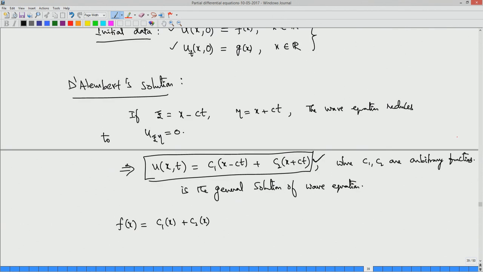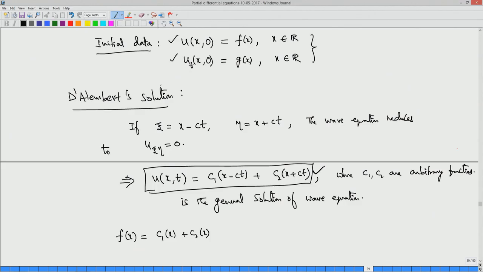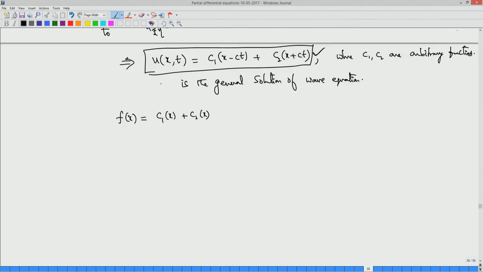What happens to u_t at t equal to 0? So, what is this u_t at t equal to 0? That is dou u by dou t at t equal to 0, okay. So, what is this one? Dou u by dou t at t equal to 0 is minus c C1(x minus ct) at t equal to 0, so C1(x) plus C2(x), okay.